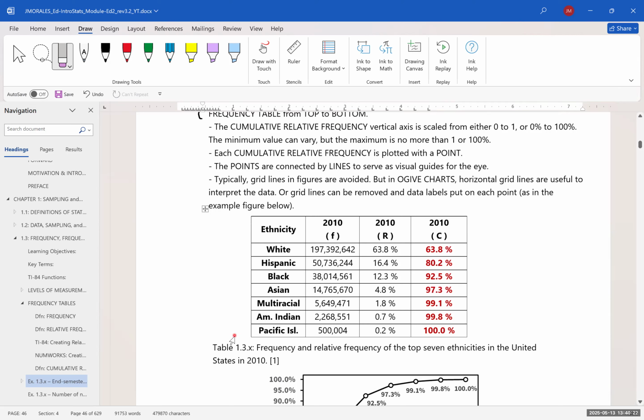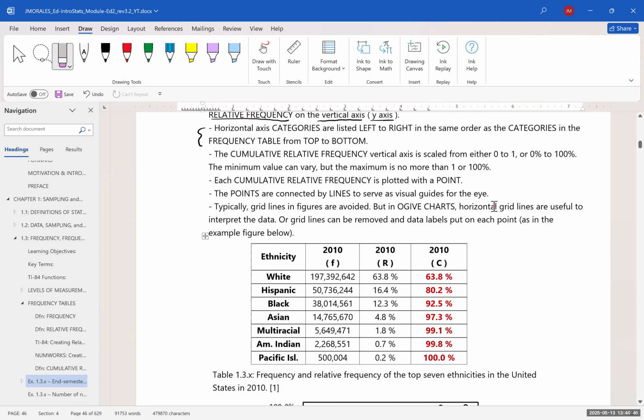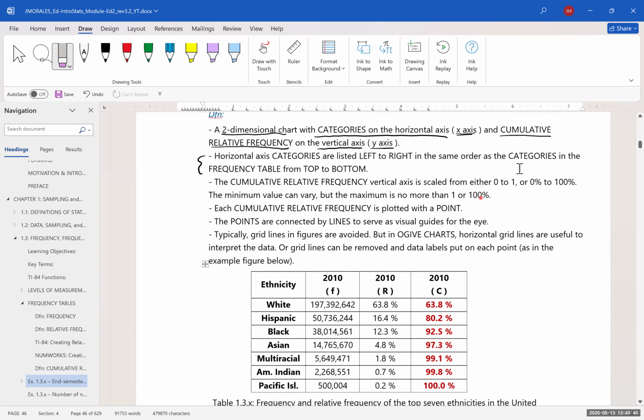Now the order matters because the cumulative relative frequency is based off of this order. And you'll notice that, because we have these ethnicities arranged in this order, the cumulative relative frequency is increasing up to 100%. So that'll be important here when I show the ogive graph.